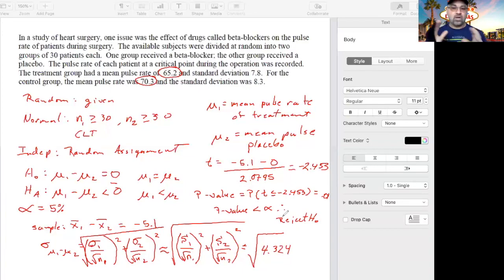The wording's not too particular here. Just make sure that you bring in the context of mean pulse rates during surgery, and that the control group was significantly higher than the experiment group, or the experiment group was significantly lower. The group that took beta blockers did seem to have a reduction in the mean pulse rate during surgery. And restate that with your level of significance alpha in there.